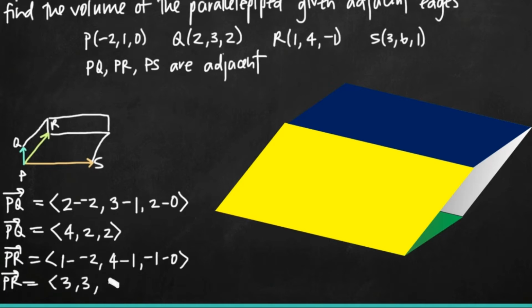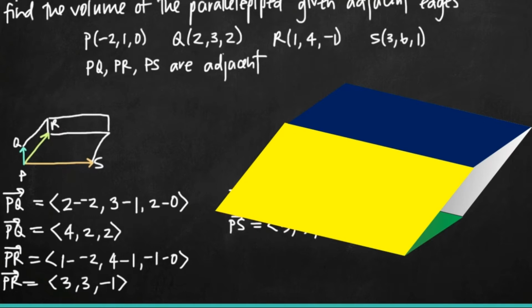Similarly, we shall also get PR, which are components of vector OR minus vector OP. So we have 1 minus negative 2, 4 minus 1, and negative 1 minus 0. But 1 minus negative 2 gives us 3, 4 minus 1 also gives us 3, and negative 1 minus 0 gives us negative 1.